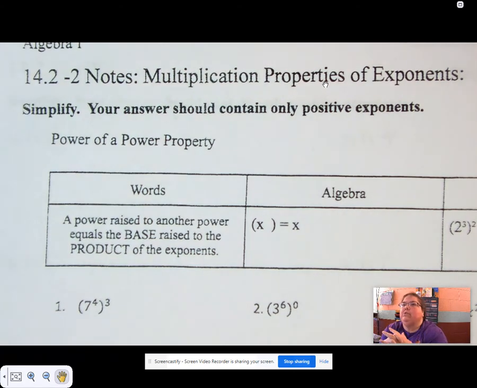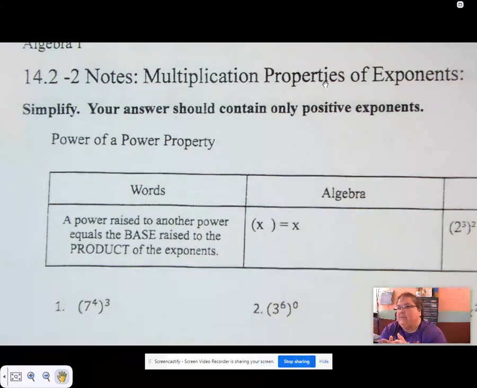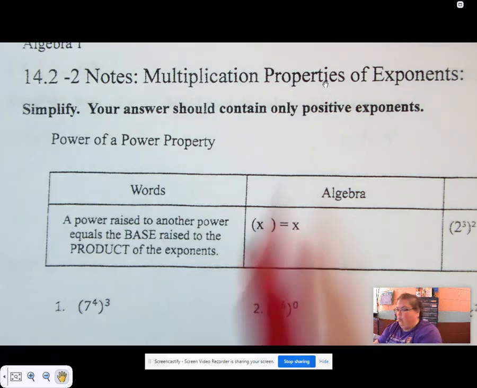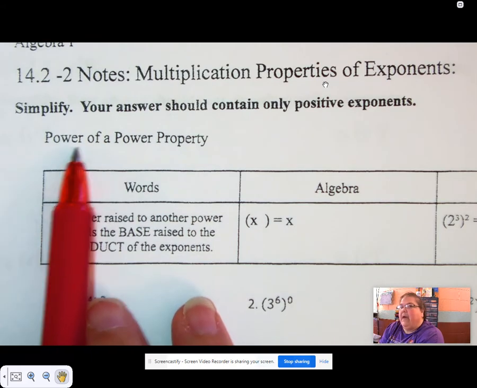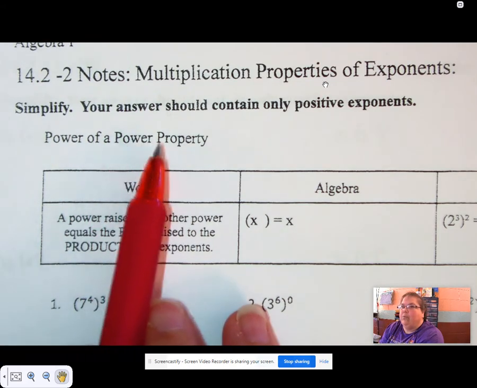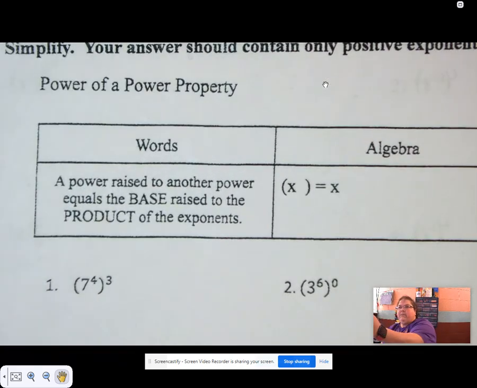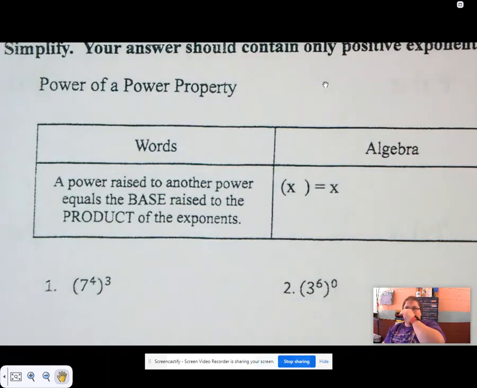So yesterday we talked about multiplying with exponents: we kept the base and added the exponents if they were like bases. Today we're going to talk about the power of a power property. We're going to take an exponent and raise it to another exponent.